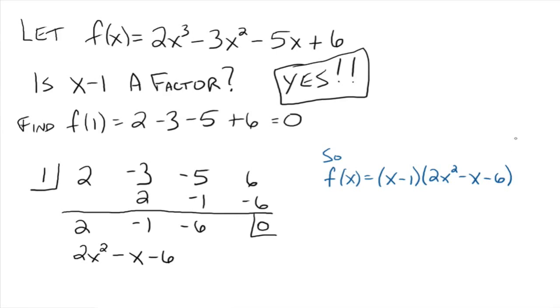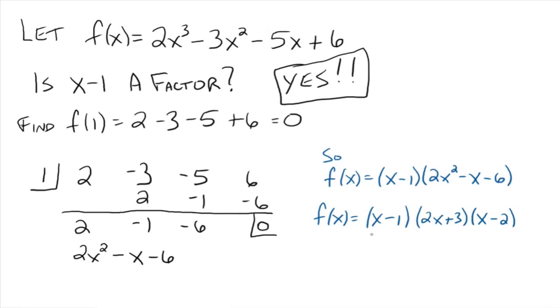But now let me ask you, does 2x squared minus x minus 6 factor? Yes, it does. So we have x minus 1 times 2x squared minus x minus 6, which factors into 2x plus 3 times x minus 2.